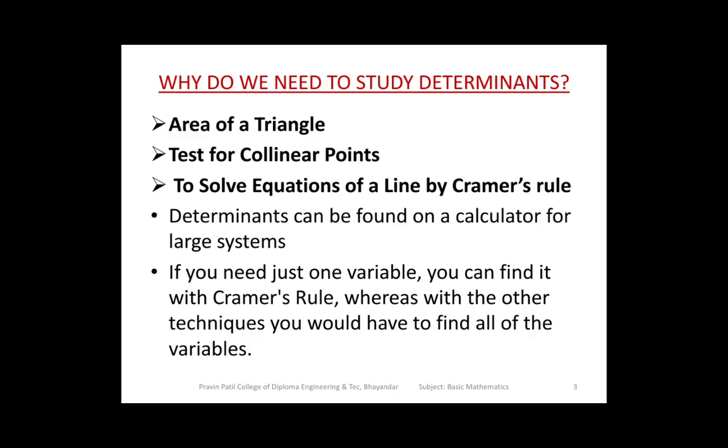But your school method says that to find z, you have to find x, you have to find y, and only then can you find z. You can't find a single variable by using the previous method. But by using determinants, you can directly find z. No need to find x, no need to find y. If z is required, I can find only z.